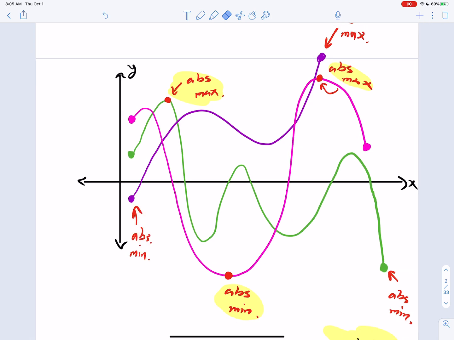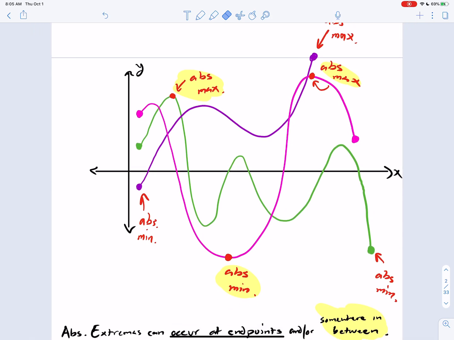Okay, these three highlights right here are the ones that occur in between. Now, what do you notice in terms of where they occur in between? Is it just randomly anywhere, or is it somewhere in particular? Okay, pause, press play whenever you're ready.